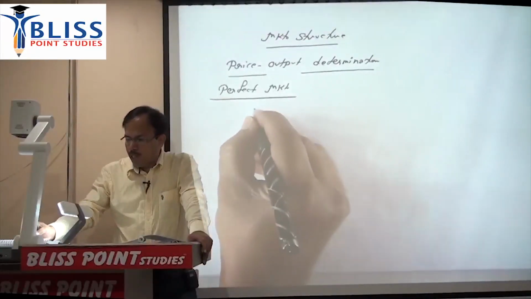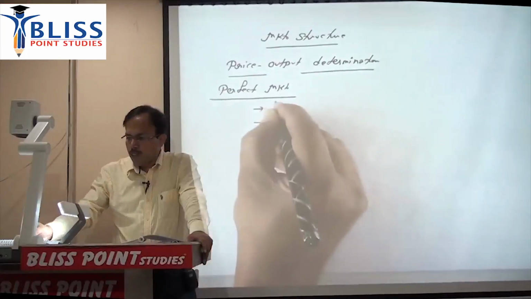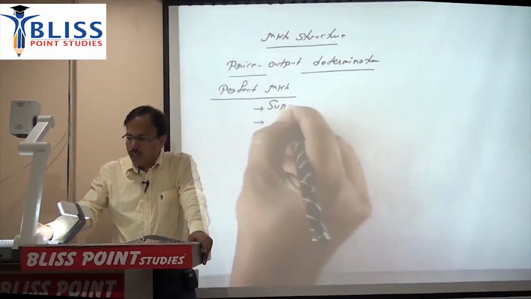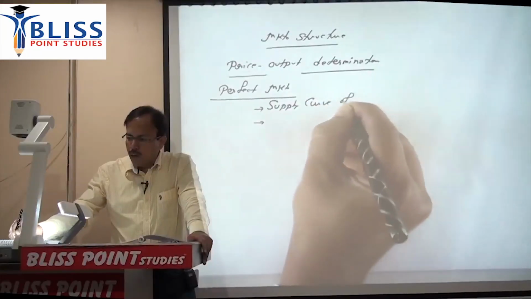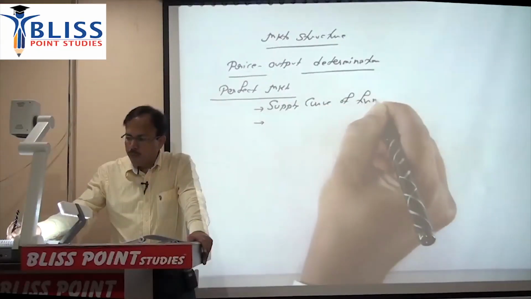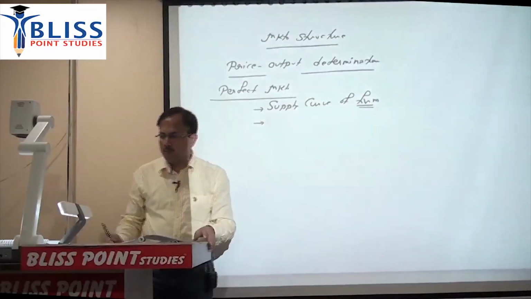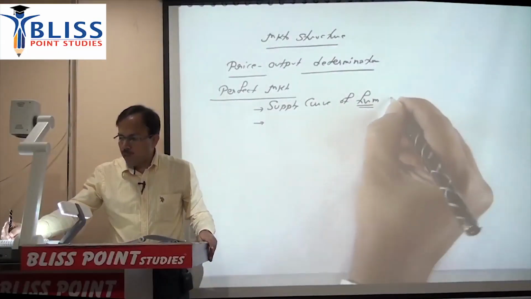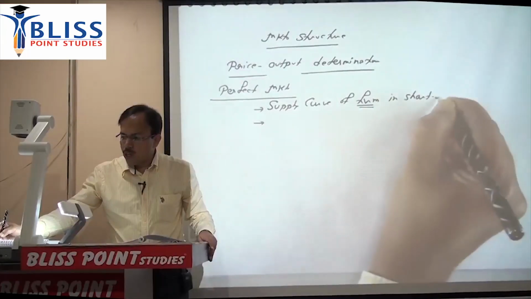Within perfect competition market, 2 important points लिखते जाएंगे वहाँ पे. One will be the supply curve of an individual firm in short run.